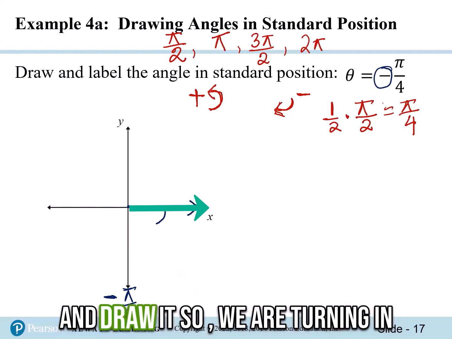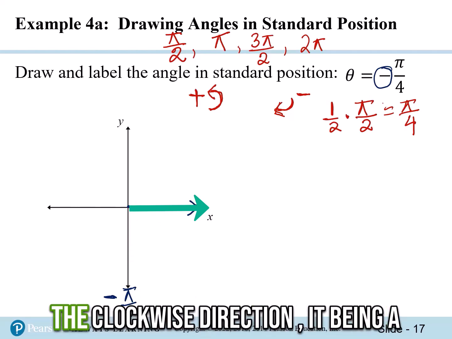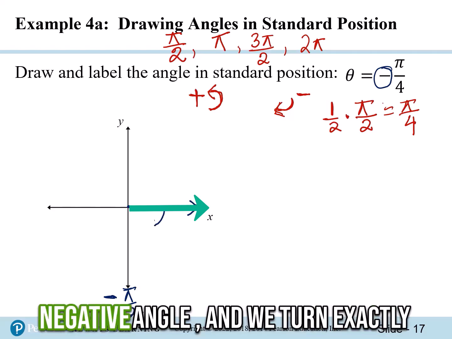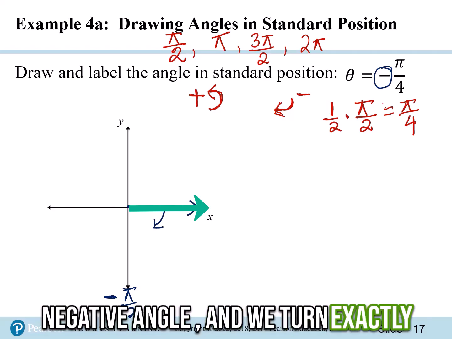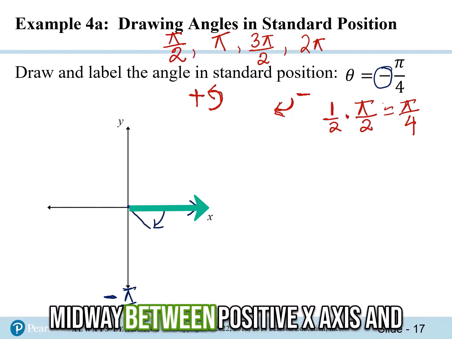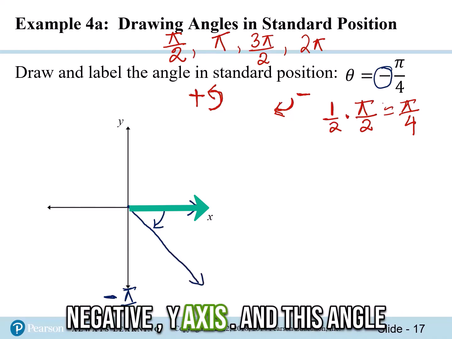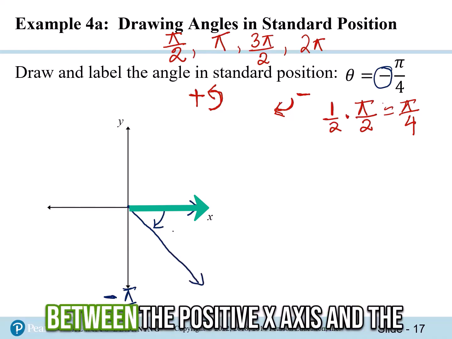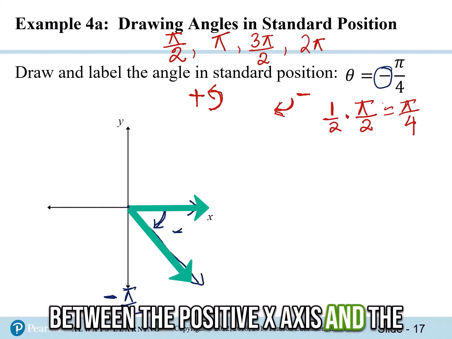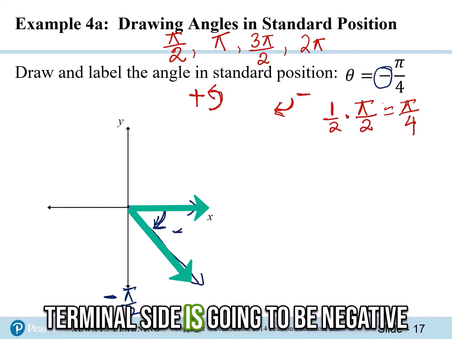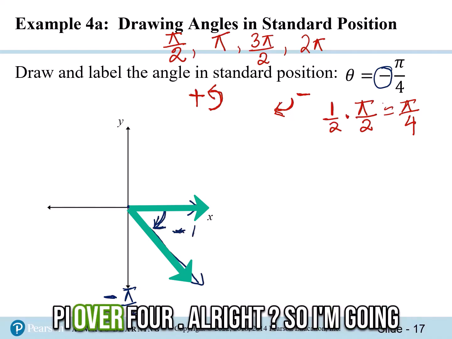So let's go and draw it. We are turning in the clockwise direction, it being a negative angle, and we turn exactly midway between positive x-axis and a negative y-axis, and this angle between the positive x-axis and the terminal side is negative pi over 4.